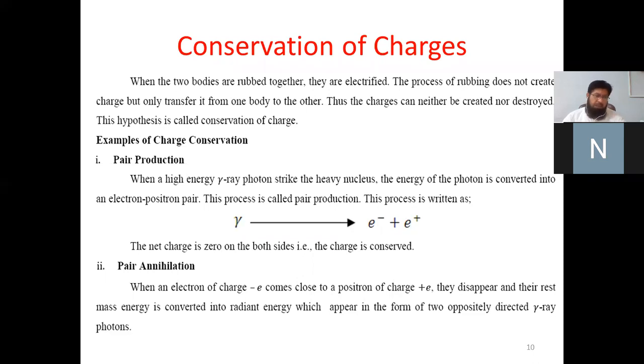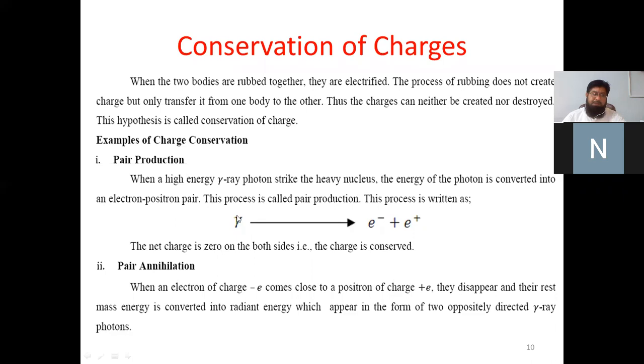According to Planck's quantum theory, the gamma ray, which is electromagnetic in nature, also has a particle nature. So this gamma ray, which is a neutral particle, disintegrates into two particles, one electron and one positron.